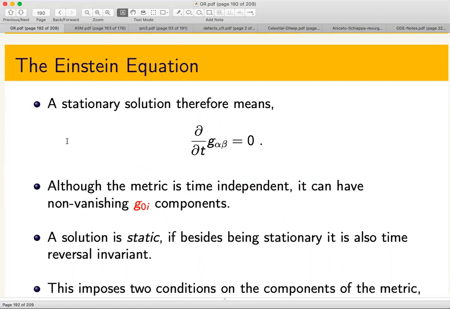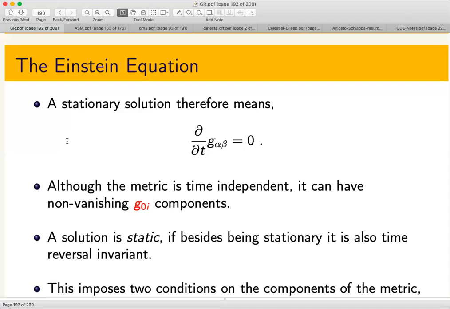Well, nothing actually. Nothing tells you that the metric could be time independent. In fact, as we will see, there is no guidance on what kind of solutions you would get by just looking at the equation. So the only guidance that we will use is some kind of symmetry principle.